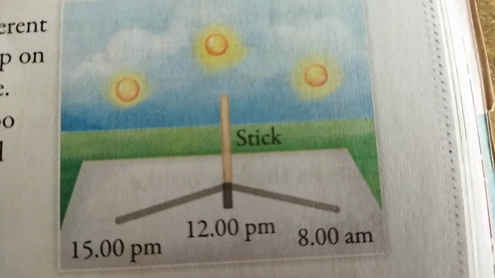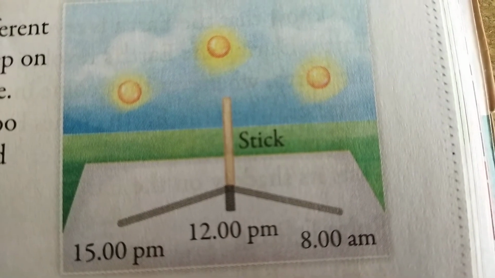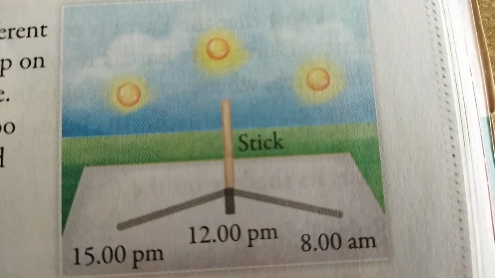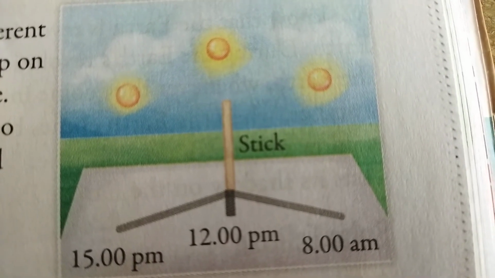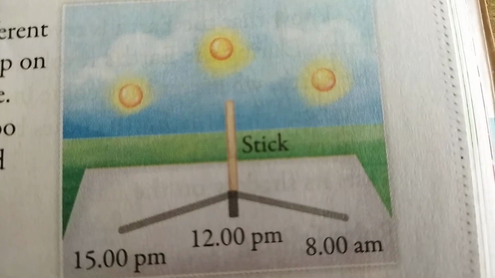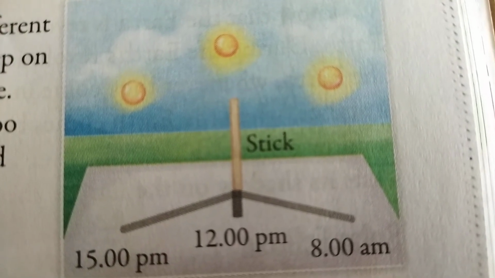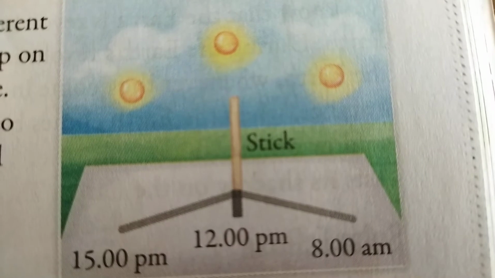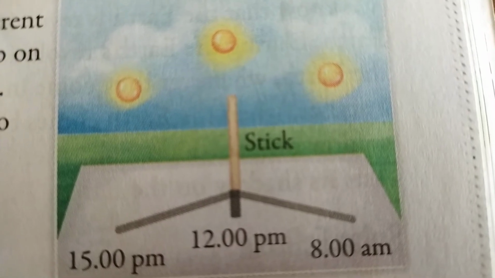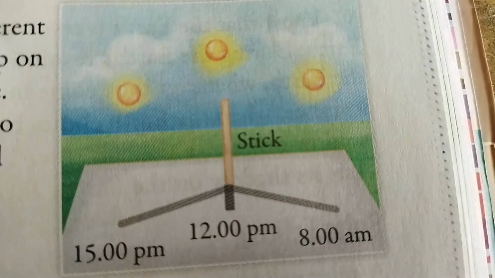Children, have you ever noticed the size of your shadow at different times of the day? Shadows formed in sunlight keep on changing in size and direction at different times.